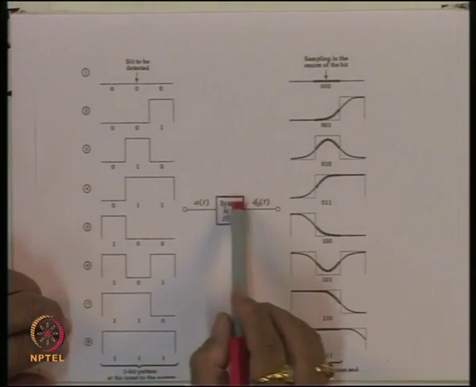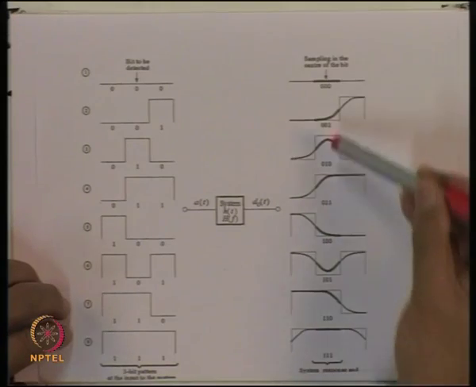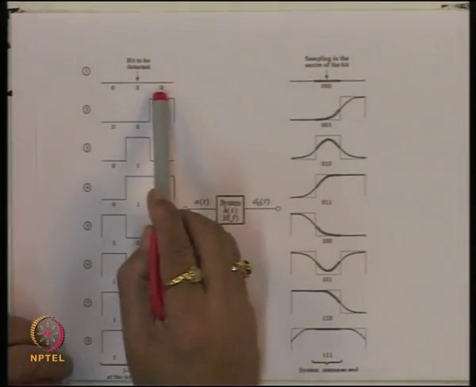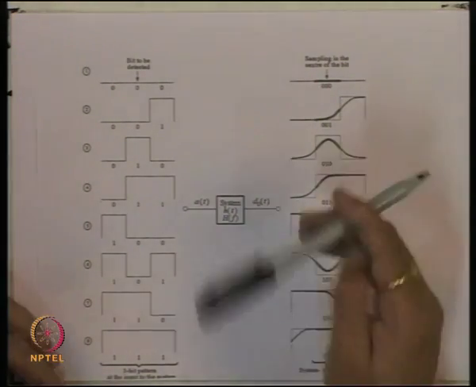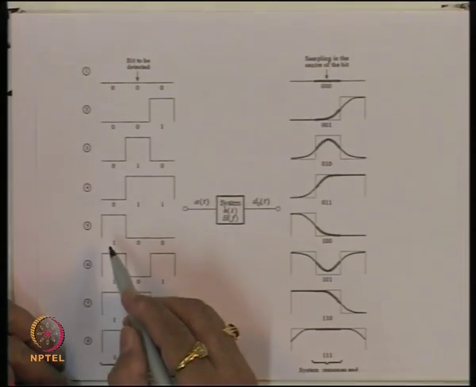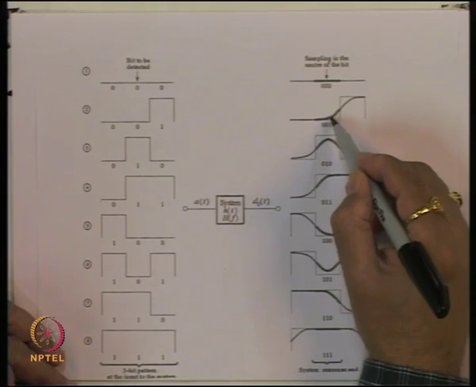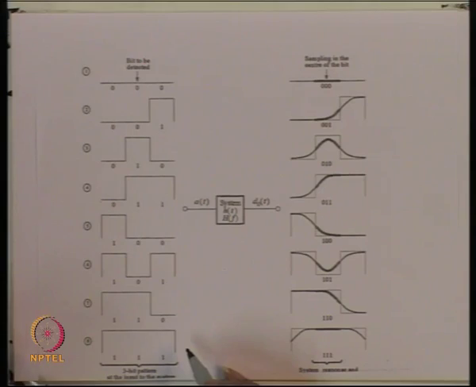And if this pattern is passed through the optical receiver, then at the output we will get the signal which will look something like this. If the bit pattern is 0 0 0, then the level will remain 0 like this. If the bit pattern is 0 0 1, then it will remain 0 here, but then it will start rising. So, you will get a function which will look like that.